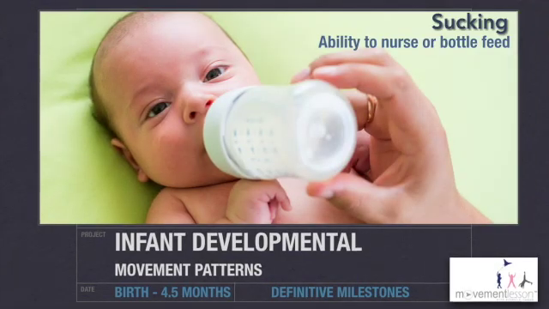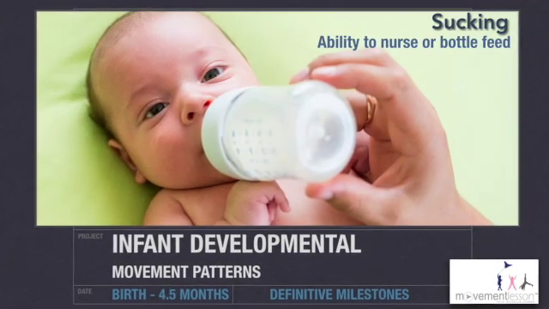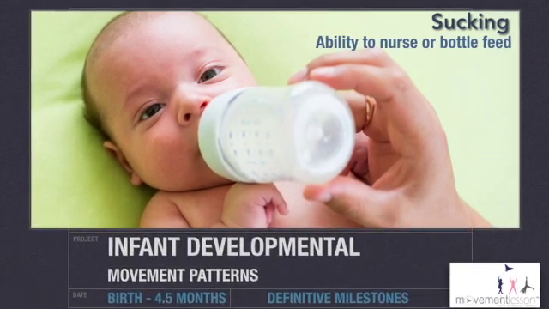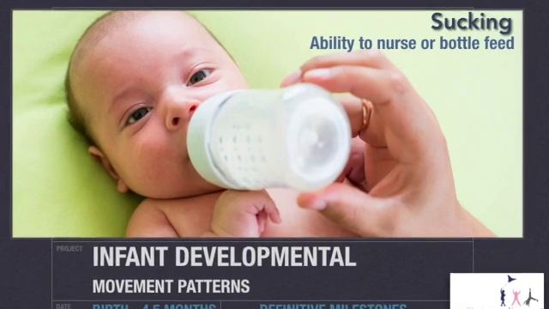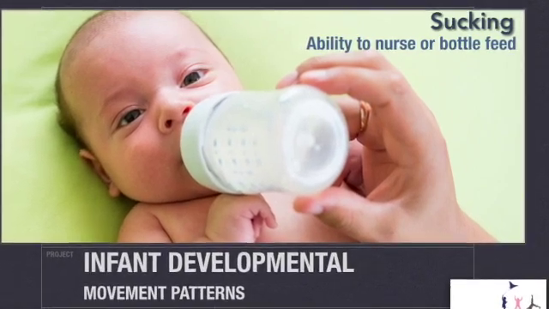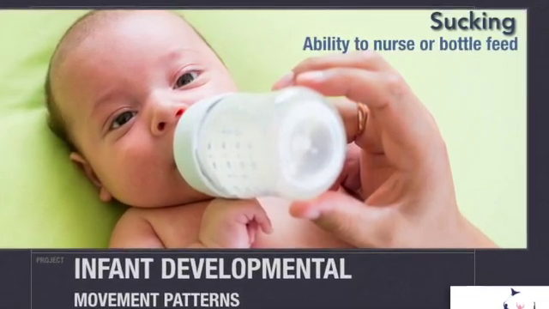So, the ability to suck, nursing, is obvious, but it's more introduced. People think it's more of a primitive reflex. I believe that if you can initiate and stimulate, it's not necessarily in a reflex category.